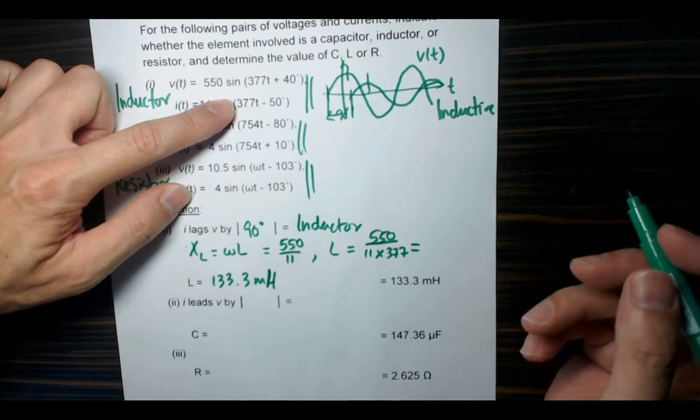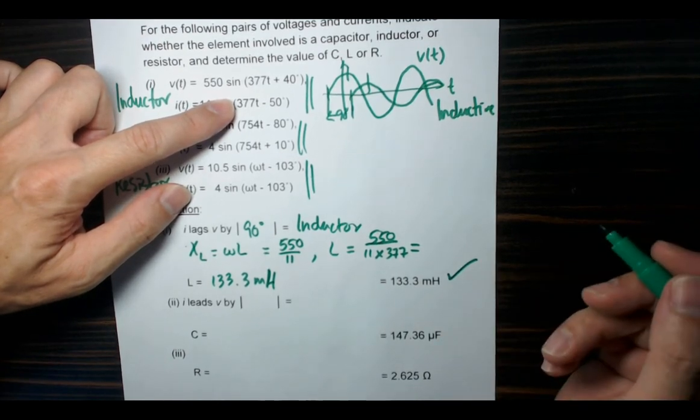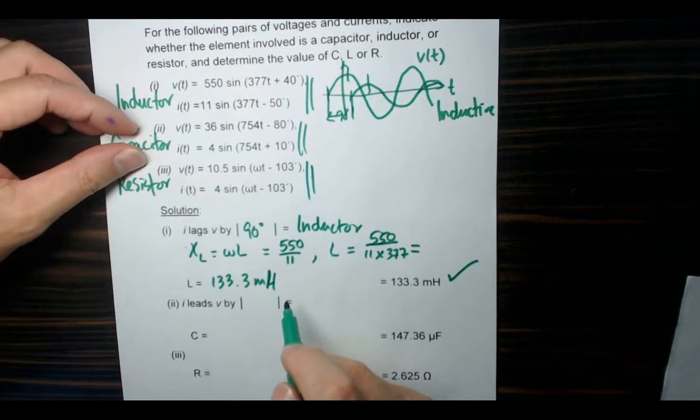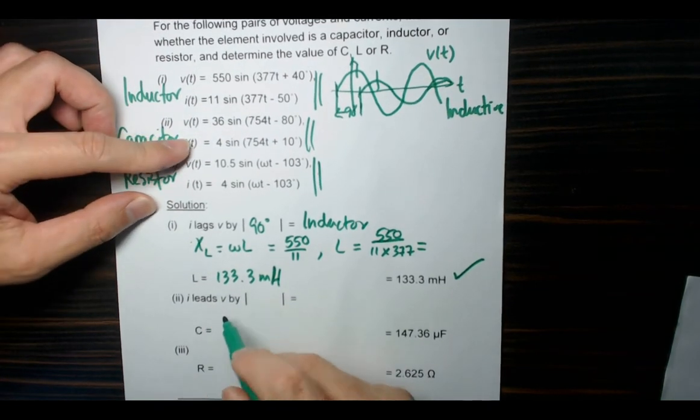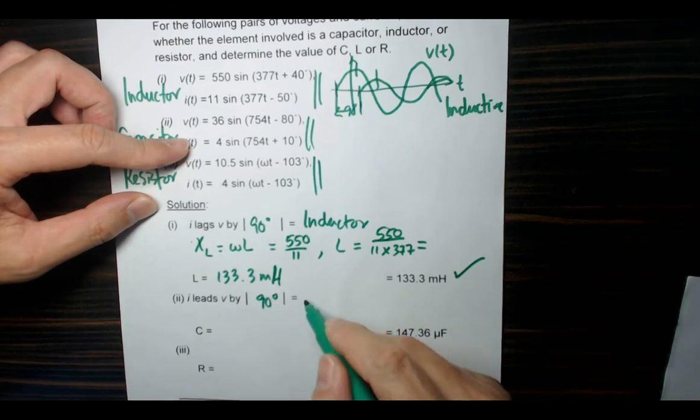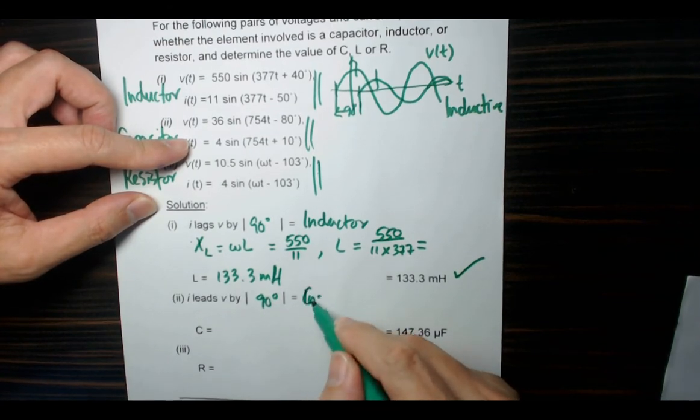Okay. Similarly, circuit group number 2 is the capacitor, because the current leads the voltage by 90 degrees. So this is a capacitive circuit.